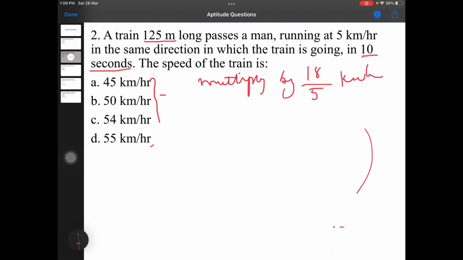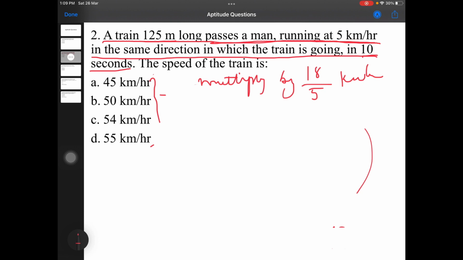So now here in this given question, the man is running, whereas the train also is running at the same time, and they are running in the same direction.